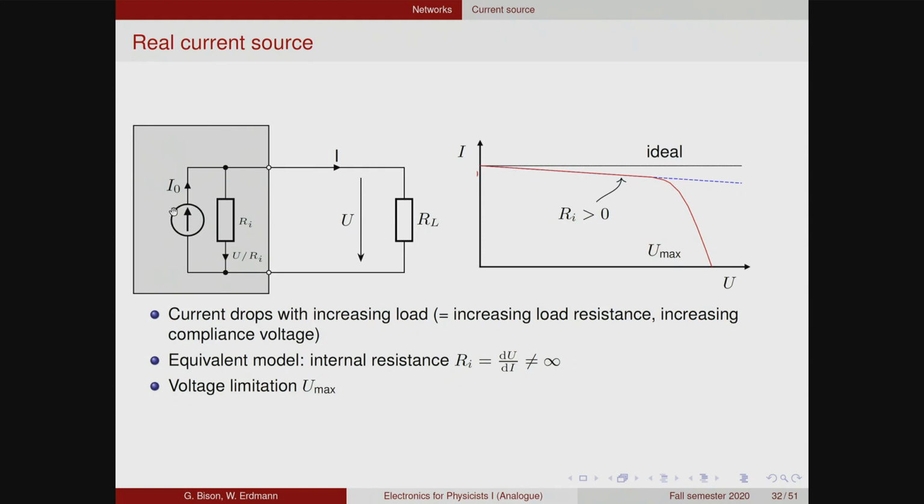And in this case, increasing load means increasing compliance voltage. So the higher the voltage is that has to be generated to drive the current, the more we deviate from the ideal behavior. The equivalent model is, again, this internal resistance. And the ideal current source has an infinite internal resistance.